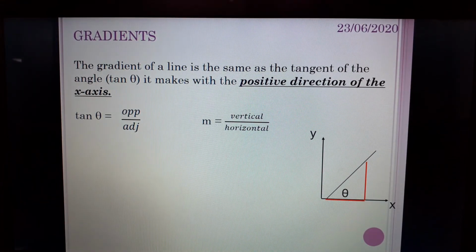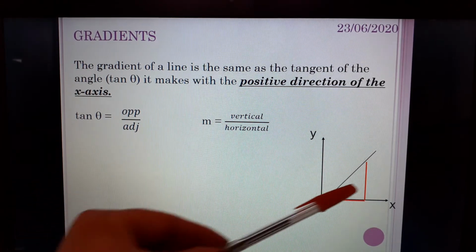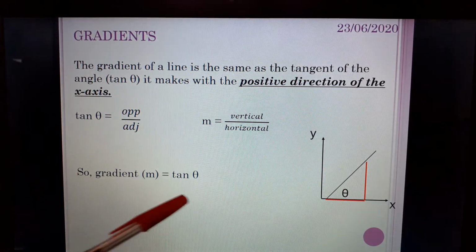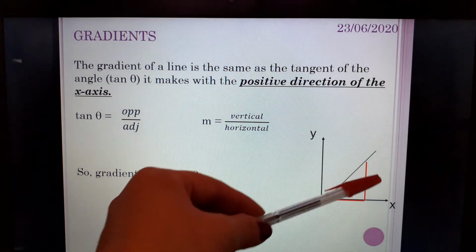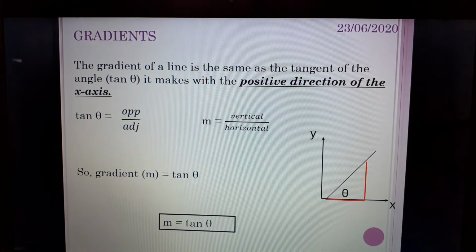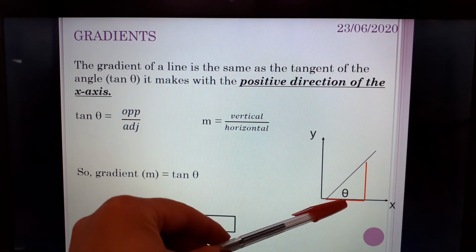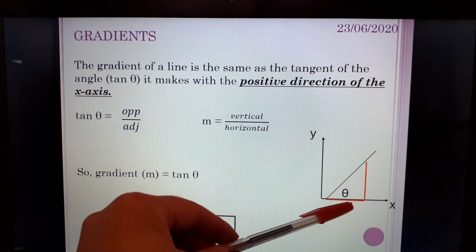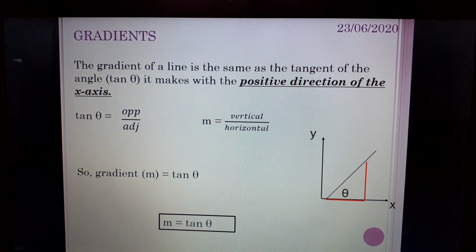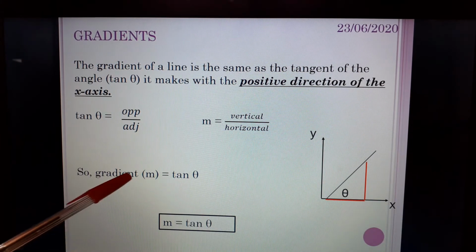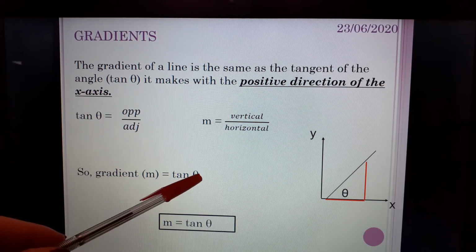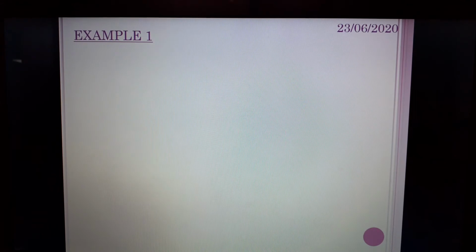But we also know that the gradient is vertical over horizontal, and vertical over horizontal are these two ones here. So if tan is opposite over adjacent and gradient is vertical over horizontal, then that means that the gradient and the tan of the angle are exactly the same. And that's the proof.